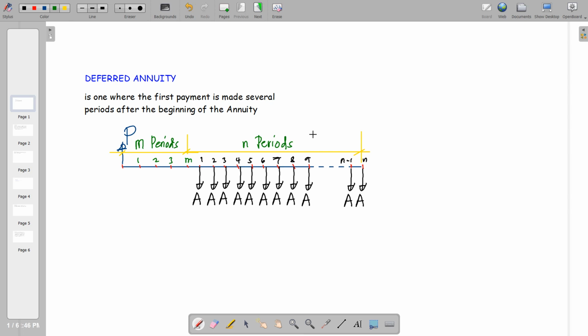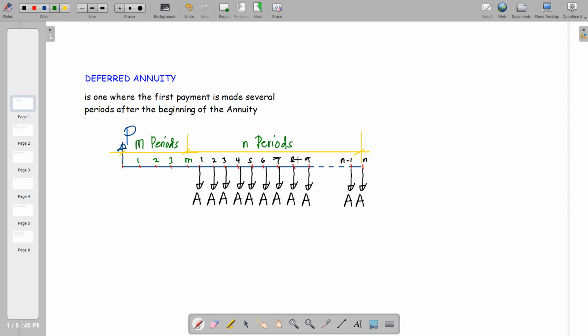N periods are the range of periods wherein the annuity occurs. Notice that the beginning of the N periods coincides with the last M period. So in short, we treat this as an ordinary annuity.